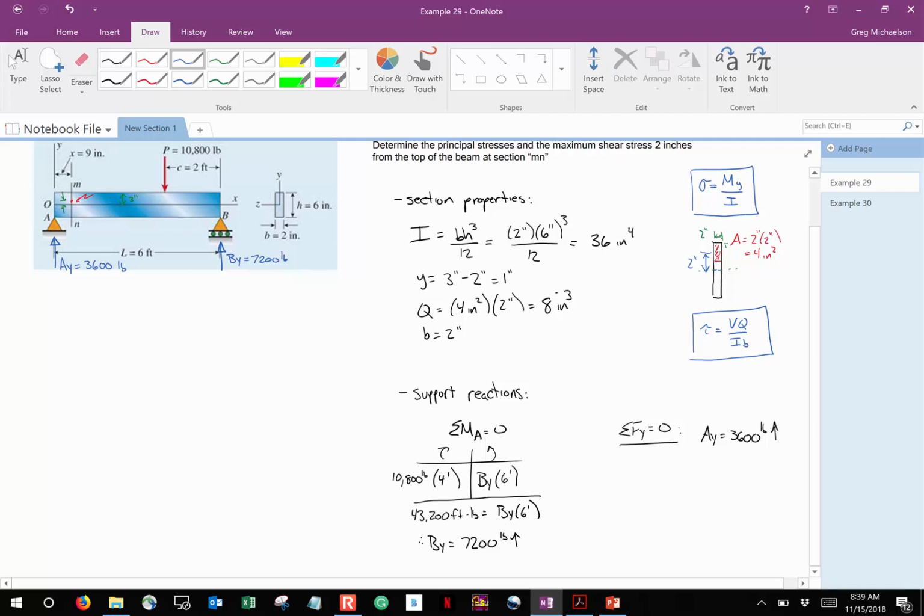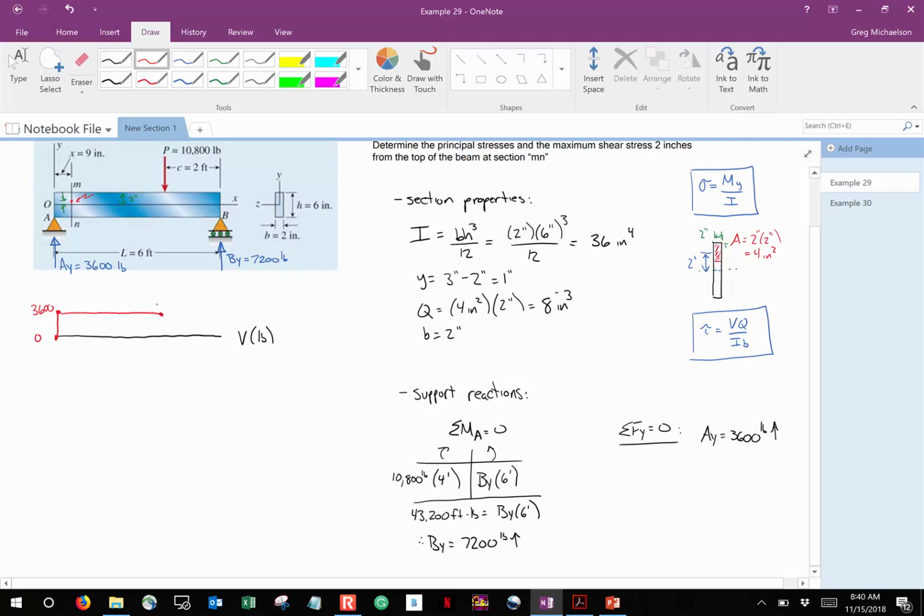The reason we need the reactions is because we have to draw the shear diagram and the moment diagram. So let's start with the shear diagram. Let me draw that out. So we'll say this is the shear diagram and it's in pounds. So what's that going to look like? Well, we start at 0, then we go up 3,600, no change, no change, no change.